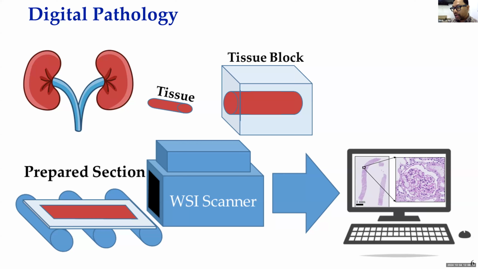But one modern advancement in this aspect is scanning the whole tissue sample using something called a whole slide image scanner. This is not quite modern. This trend started from 2010, and we are in an era today where we are still trying to get to the peak of this era of digital scanning.